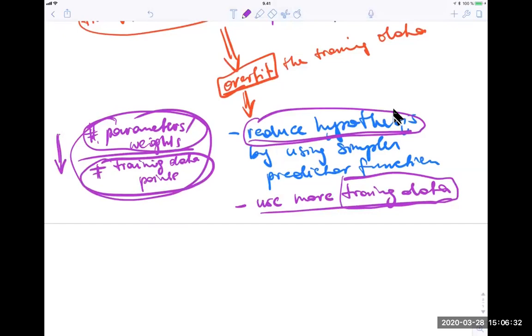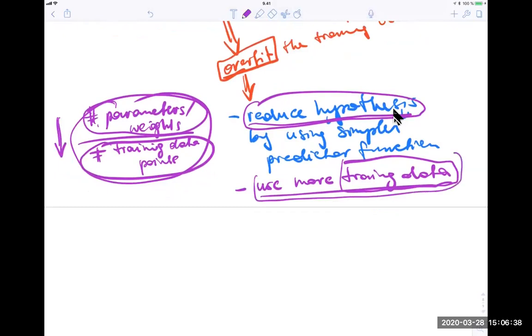For example, does this patient have a certain infection or not? So using more training data might be more difficult than just reducing the hypothesis space, because reducing the hypothesis space means you have to adapt one line of Python code. Instead of using a polynomial regression, you use the linear regression class in scikit-learn, for example. So that's why maybe this first option is more popular.